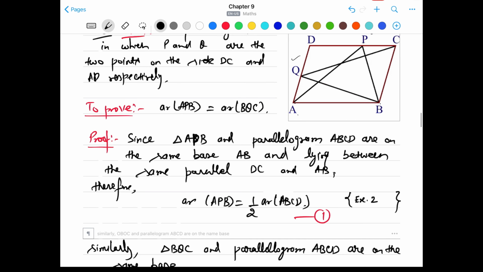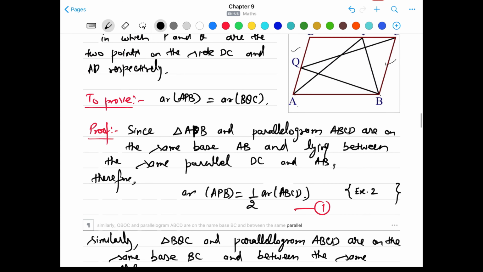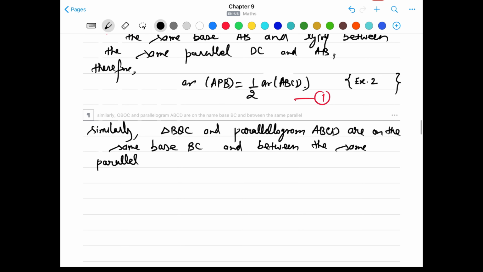The same base for the two is this side BC. Okay, same base here is BC, and between the same parallel lines, here are AD and BC.